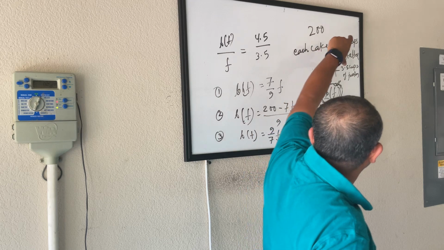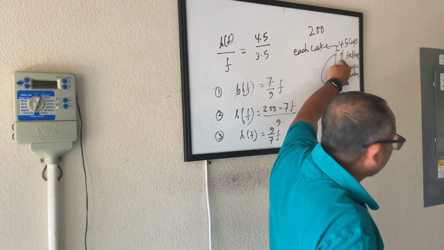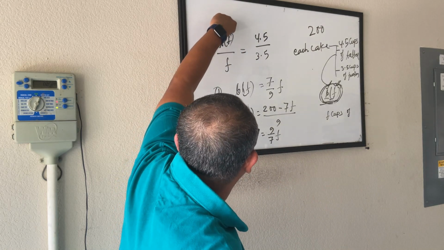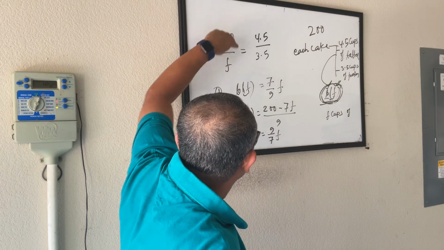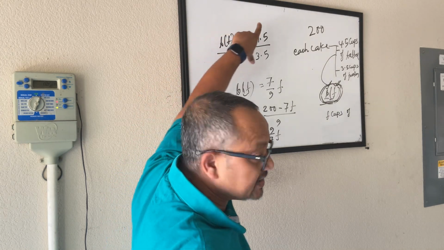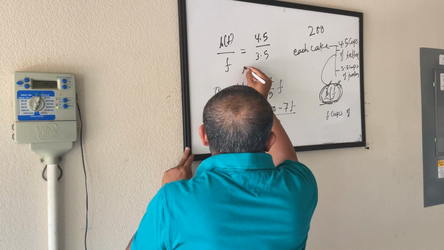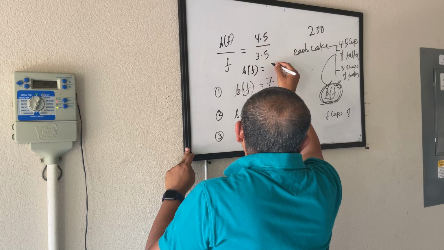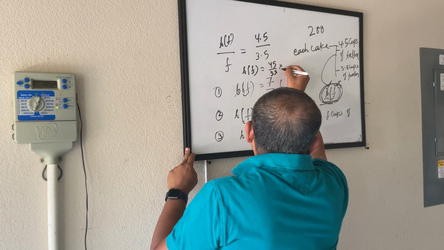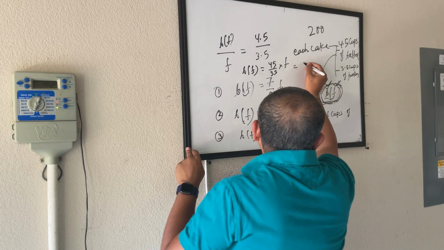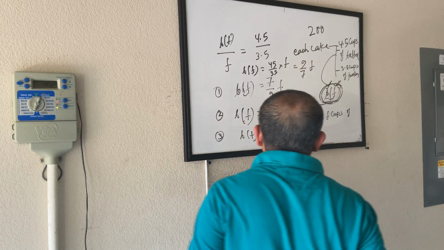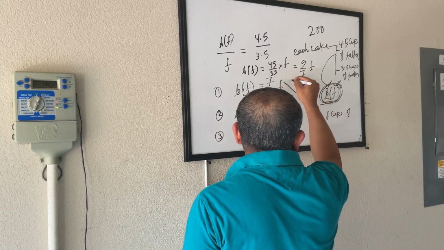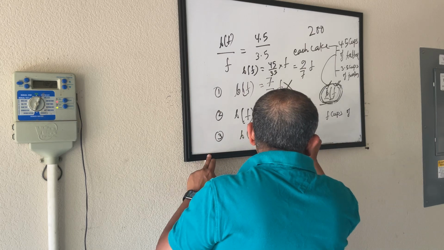See, every cake takes 4.5 cups of batter and 3.5 cups of frosting. B of F is the number of cups of batter and F is the number of cups of frosting. If I take the ratio of these two, this is what I come to: B of F equals 4.5 by 3.5 times F, which becomes 45 by 35 times F, or 9 by 7 times F. This is 7 by 9 times F. Out of question, this seems to be the option.